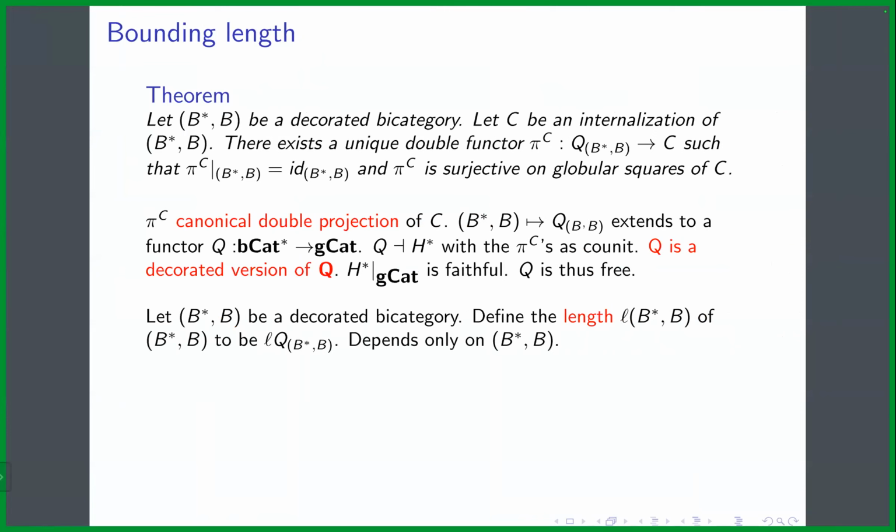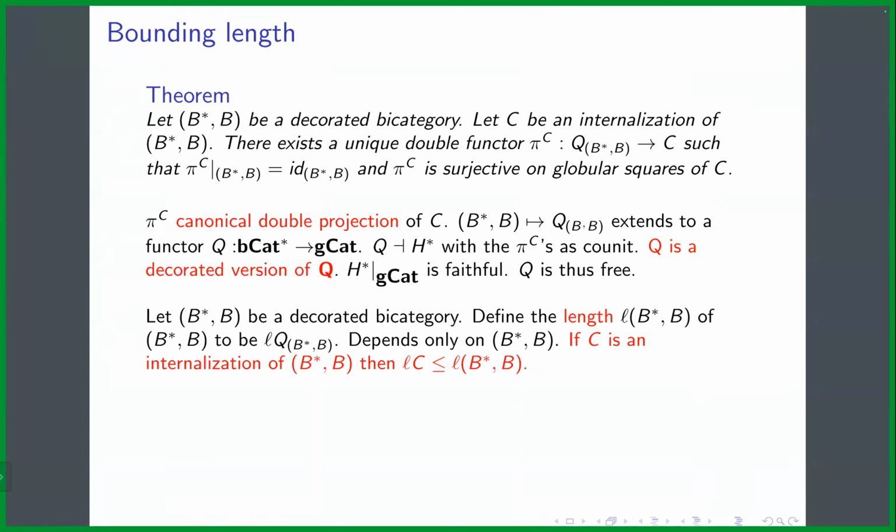Now, suppose (B*, B) is a decorated bicategory. Then with this free globularly generated double category construction, we can define a length, or a number, for (B*, B) itself. So we define the length of (B*, B) to be the length of the free globularly generated double category associated to (B*, B), and that depends only on (B*, B).